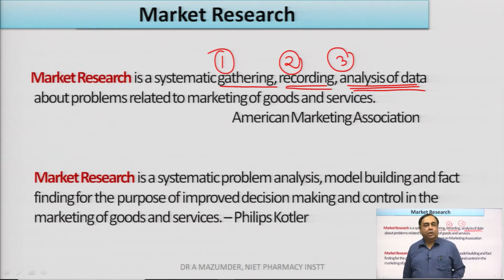So, Philip Kotler defined market research as the systematic problem analysis, model building and fact finding for the purpose of improved decision making and control in the marketing of goods and services.